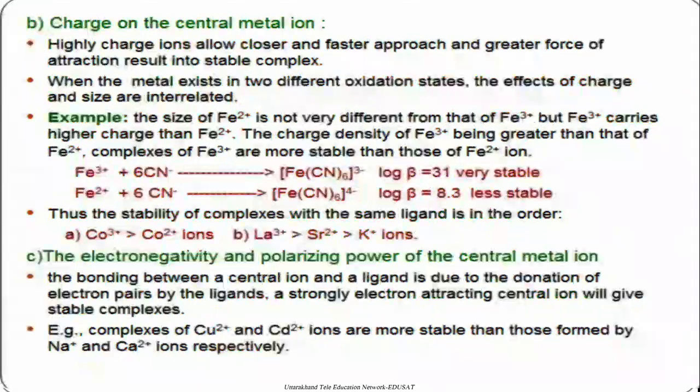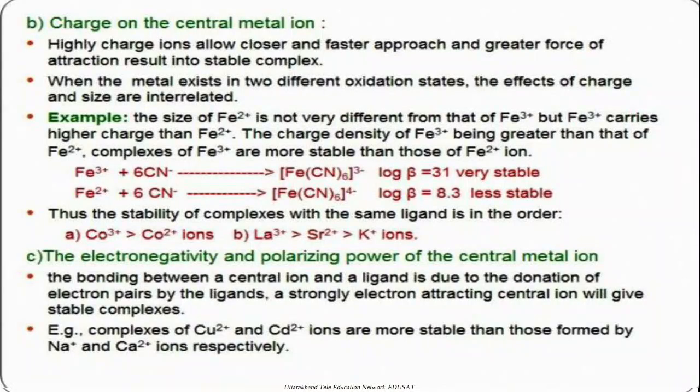We can also observe from these examples the charge of the central metal ion. Highly charged ions allow closer and faster approach, and greater force of attraction results in a stable complex. When the metal exists in two different oxidation states, the effects of charge and size are interrelated.